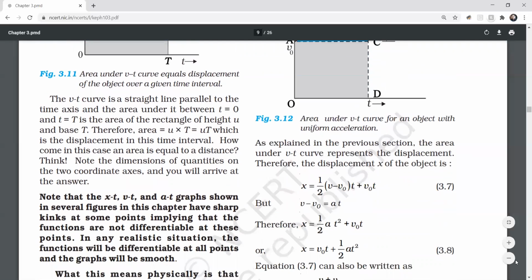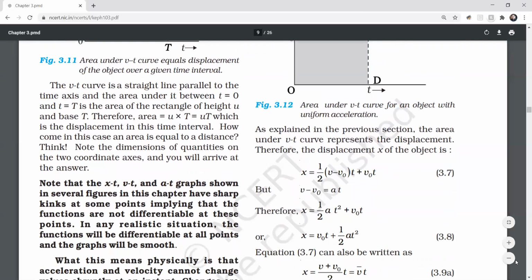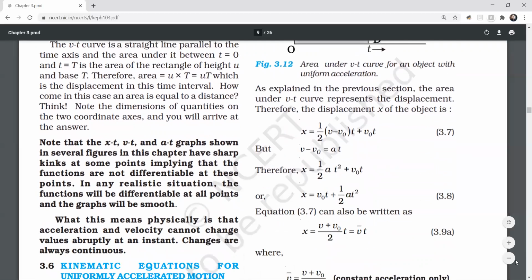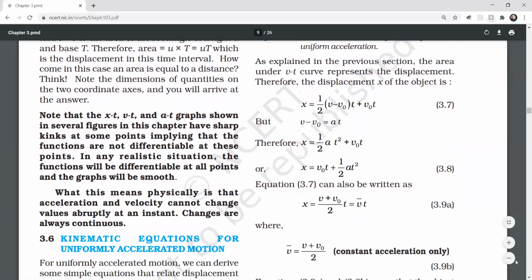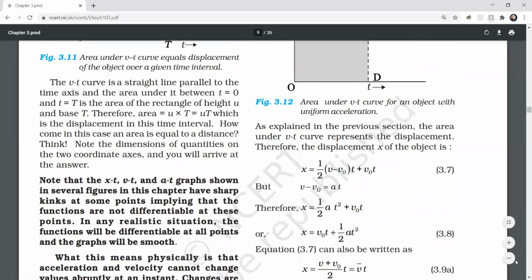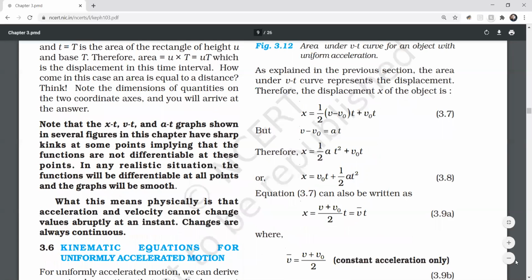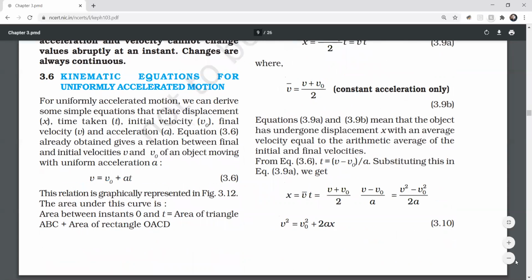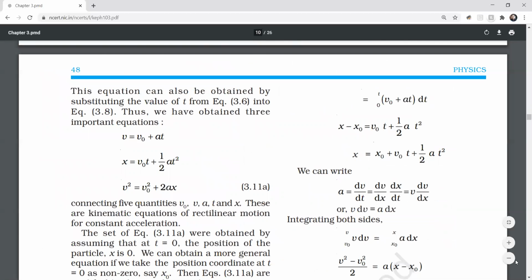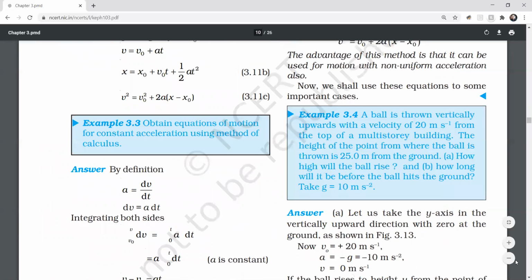So you use the formula and you can get to a value that says displacement is equal to the final velocity plus the initial velocity upon 2, which will give you constant acceleration only. Okay. All right, let's see what else is important here.